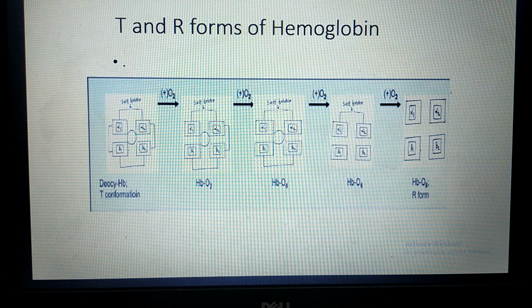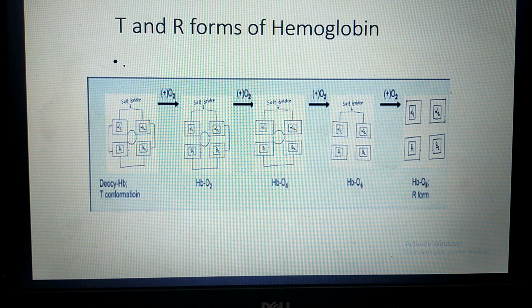This figure shows when there is no oxygen binding with the hemoglobin, that is called deoxyhemoglobin, salt bridges exist between the hemoglobin subunits. 4 salt bridges are there. When one oxygen binds with any one hemoglobin subunit, one of the salt bridges is broken down.